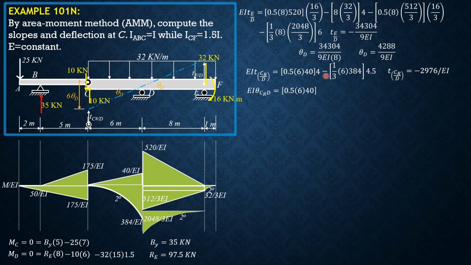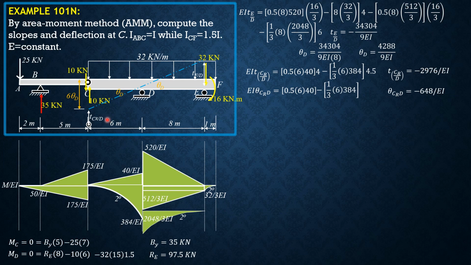So we remove the moment arm: 0.5 of 6 times 40 minus 1/3 of 6 times 384. So theta C right D is equal to negative 648 over EI.